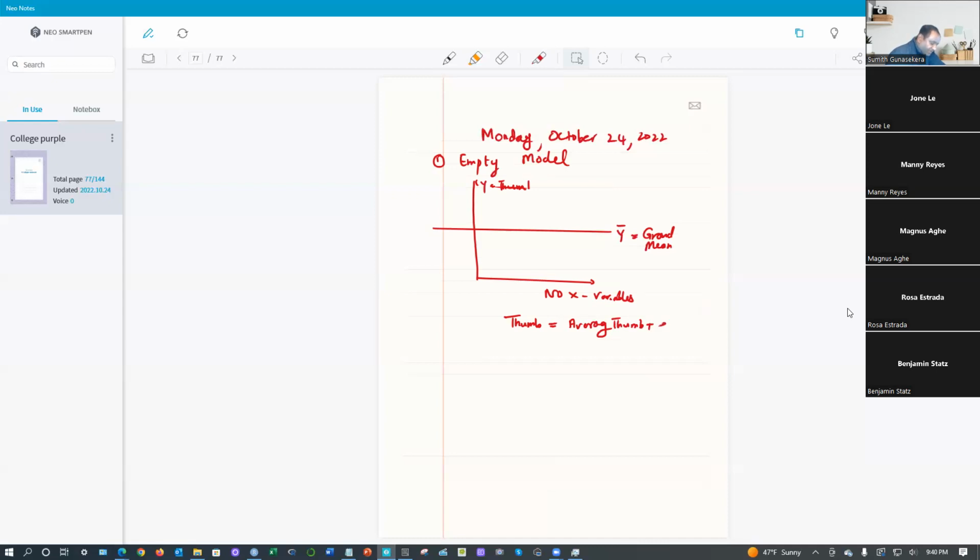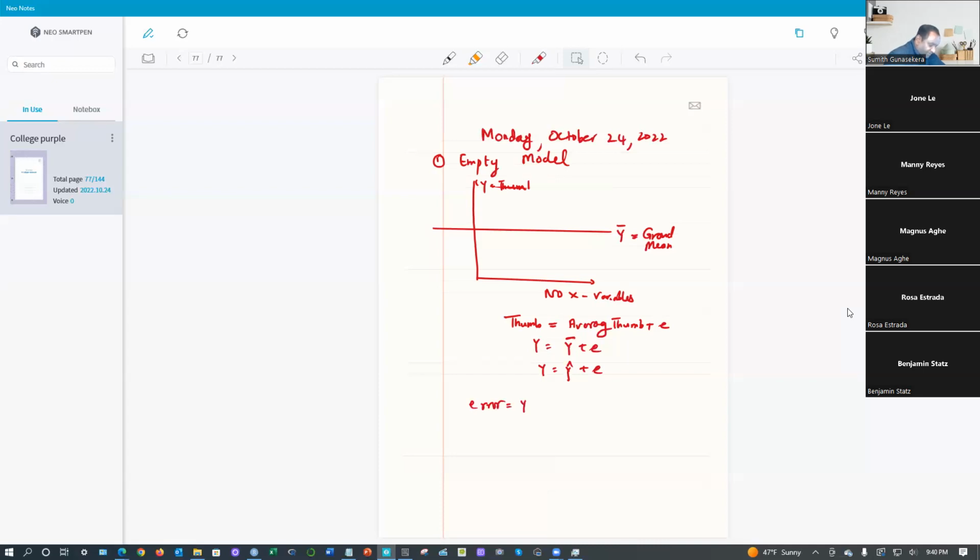That's the same thing we wrote, y bar plus E, or y hat plus E. So the error is nothing but y minus y hat or y minus y bar, same thing.